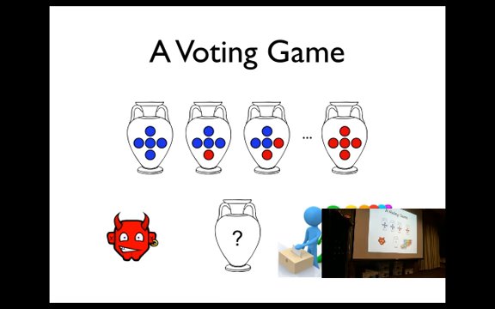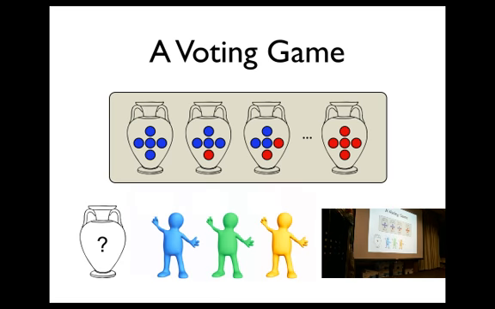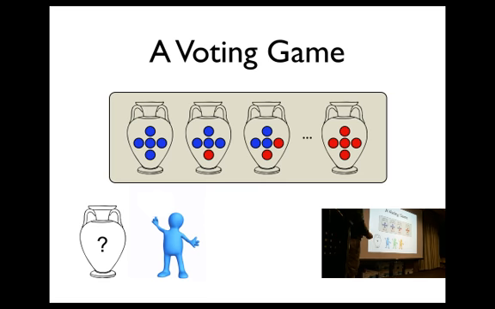What the voters know is the original set of urns, the set from which the adversary picked one given urn. And then, they can do the following. One after the other, they go to the unknown urn, and everyone gets to pick a single ball.